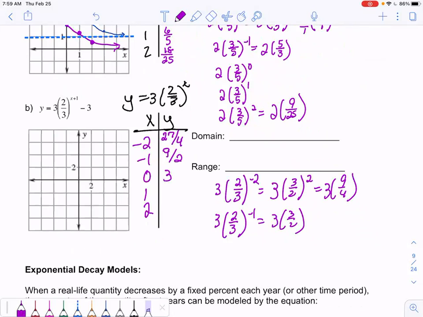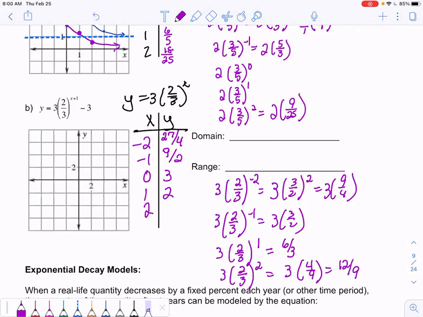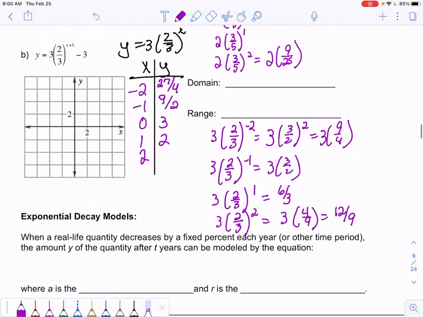Anytime you plug in a 0, it's going to be that initial amount, the first number. Every time you plug a 0 in, it'll be the first number. Make sure you reduce. When you plug in a 1, you get 6/3, which is a nice number of 2. When you plug in a 2, you get 3 times 4/9, which is 12/9, or 4/3.